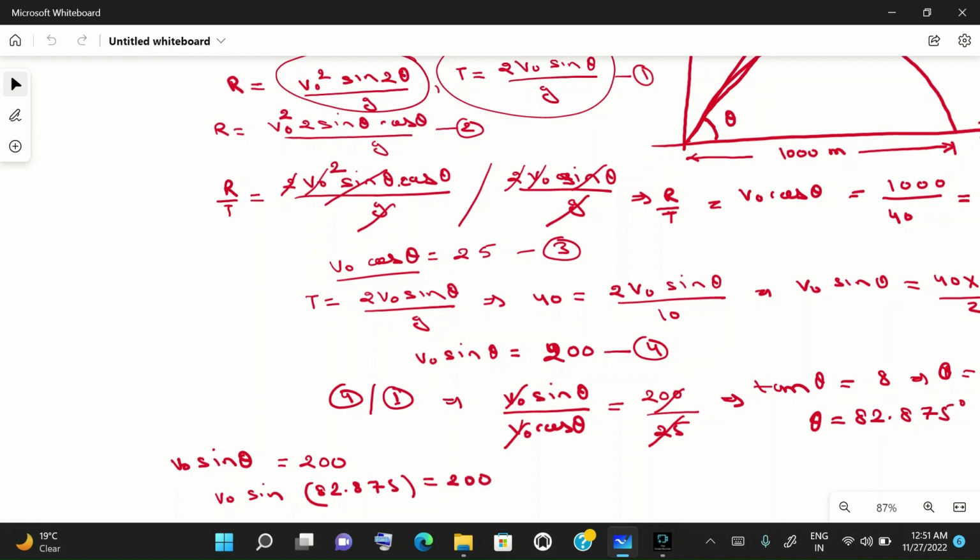If we calculate the value of sine 82.875, then you will get 0.9922. So v0 into 0.9922 is equal to 200.